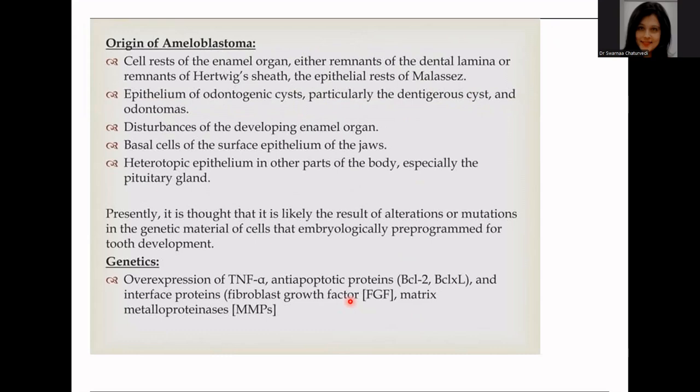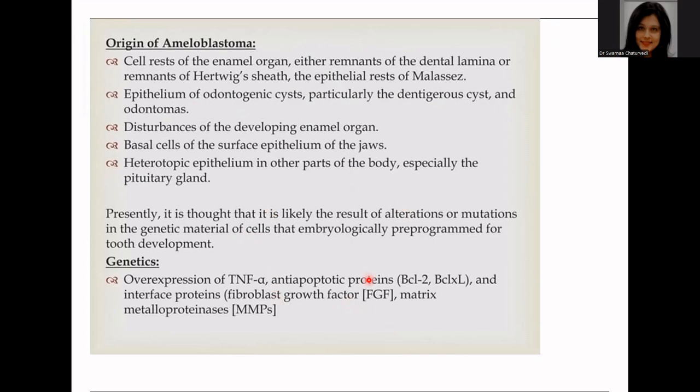The epithelium of odontogenic cysts, particularly the dentigerous cyst, and odontomas are again a source of ameloblastoma. Then any disturbance of the developing enamel organ, then basal cells of the surface epithelium of the jaw, and heterotopic epithelium in other parts of the body, especially the pituitary gland. Currently, it is thought to be a result of alteration or mutation in the genetic material of cells that were embryogenically pre-programmed for development.